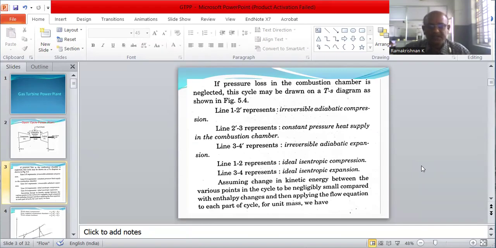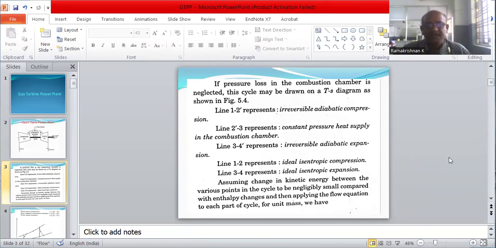It is also similar for the expansion. 3 to 4 is the ideal expansion process in the turbine, and the real expansion process is denoted by 3 to 4 dash, an irreversible adiabatic expansion.